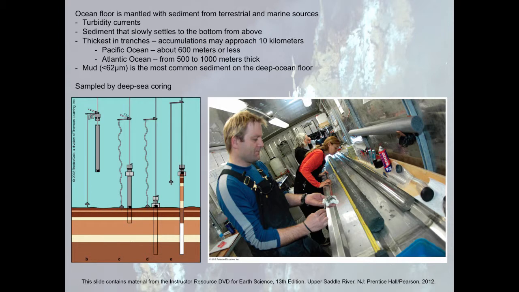It's a fascinating pursuit. Scientists spend a lot of money and time obtaining cores from the deep ocean basin, which is a great place to look for information and clues about what has happened on the Earth over geologic time.